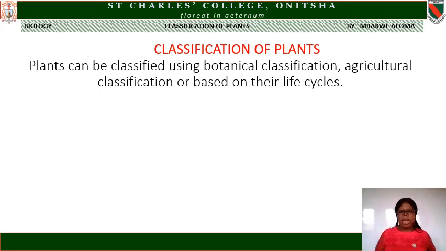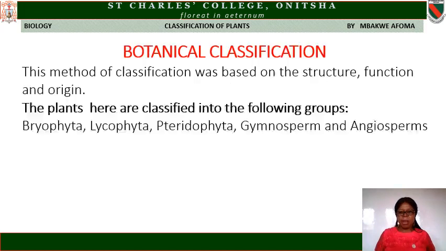We classify plants using botanical classification, agricultural classification, and classification based on life cycles of those plants. All right? Now, botanical classification. This method is based on the structure, the function, and then the origin of those plants.